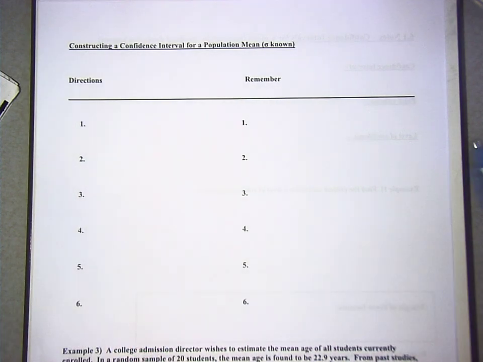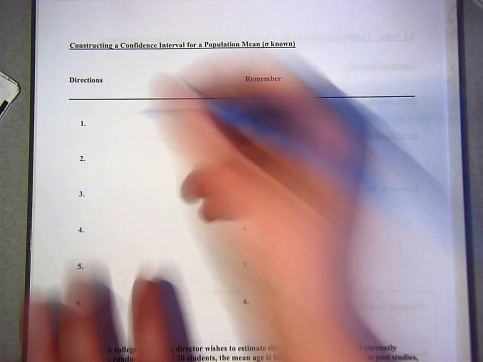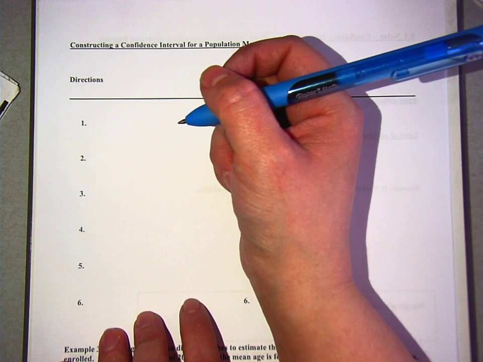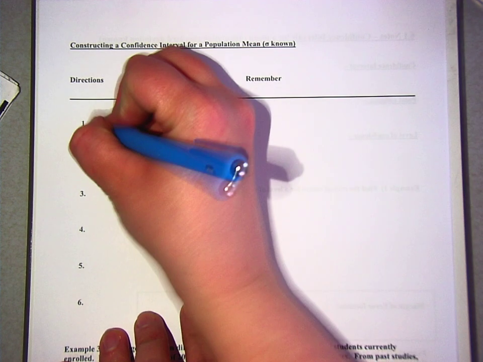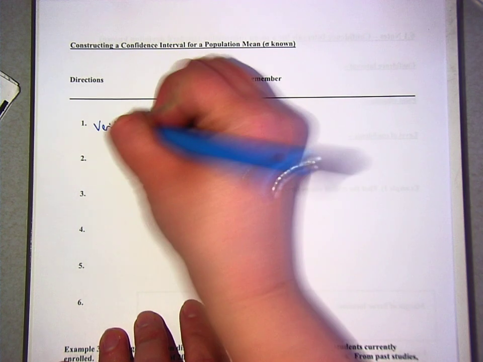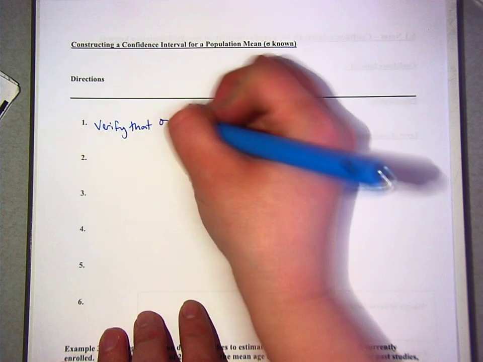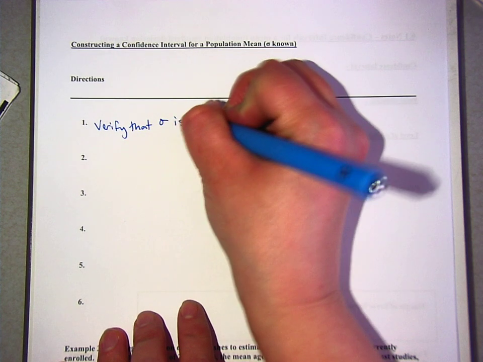Okay. All right, I did a T-table again because you said you guys like that. So, first step is to verify that the population standard deviation is known, or sigma is known.